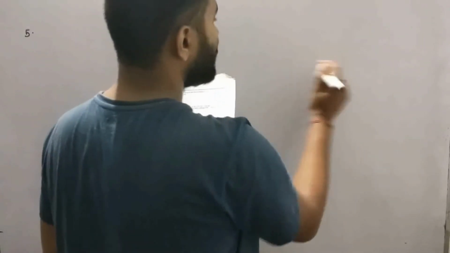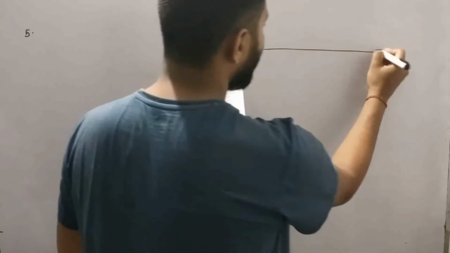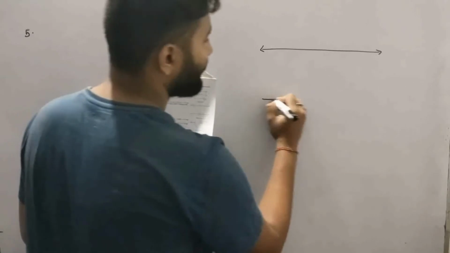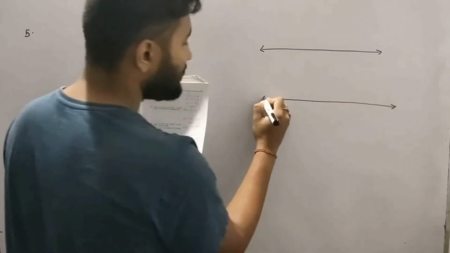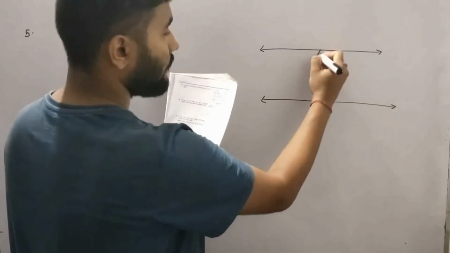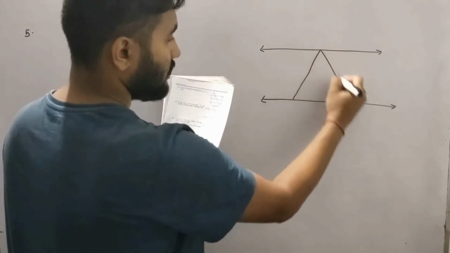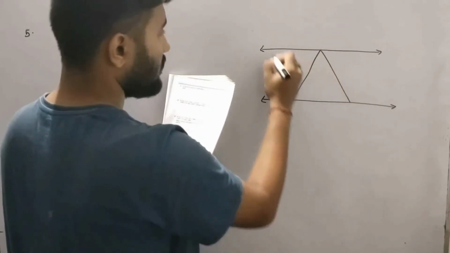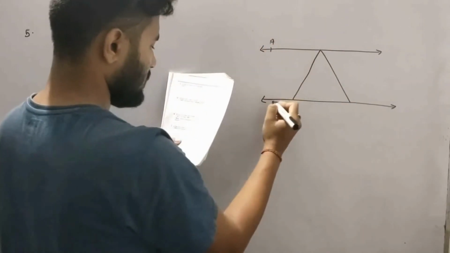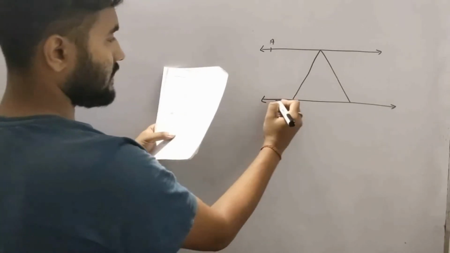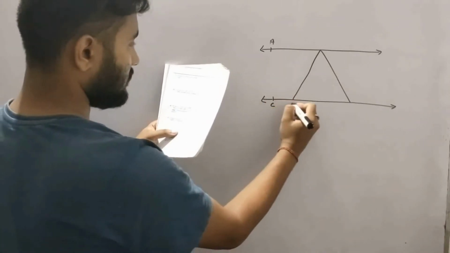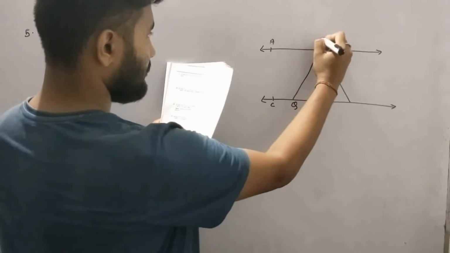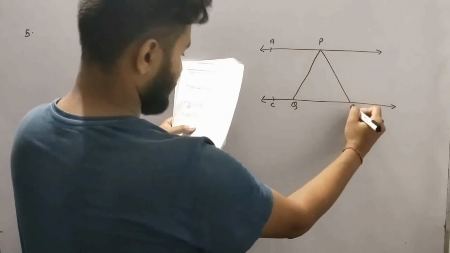Okay, so this is our last question. Draw the diagram. This question is easy. Over here it is A, over here it is C. This is Q. PQR.